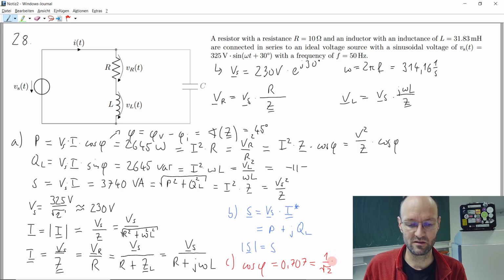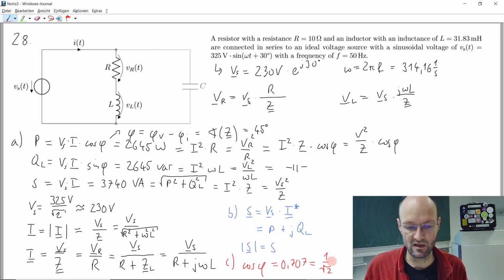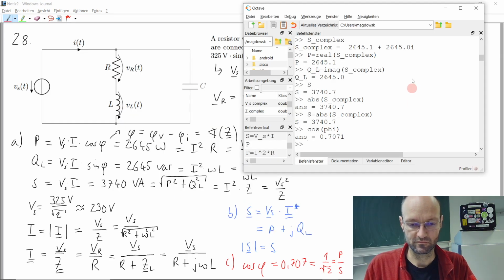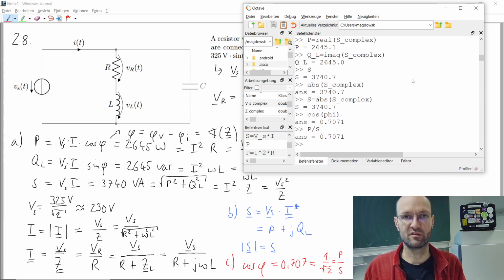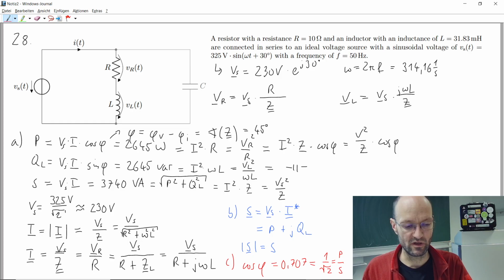So the cosine phi, the power factor, could also be calculated by P divided by S. And P divided by S also gives us the 0.707, right? So this is somehow fitting nicely. Okay.